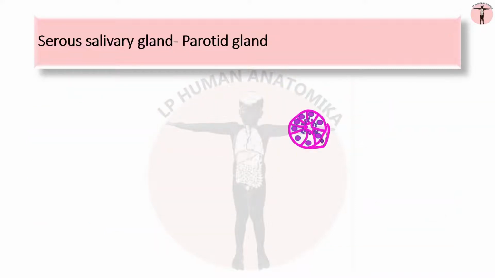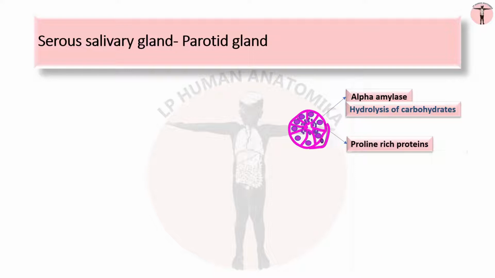Serous cells of the parotid gland secrete abundant alpha amylase that initiates the hydrolysis of carbohydrates, and proline-rich proteins, which have antimicrobial and protective properties.